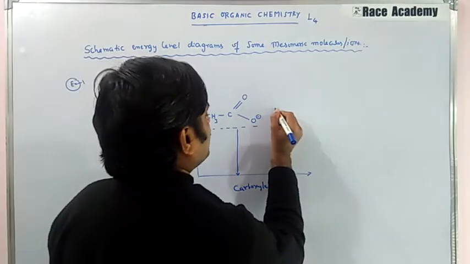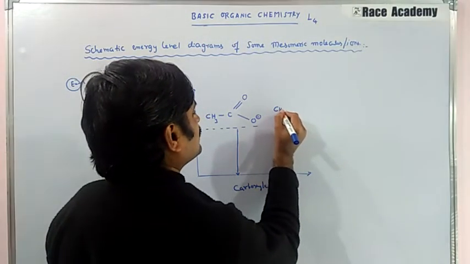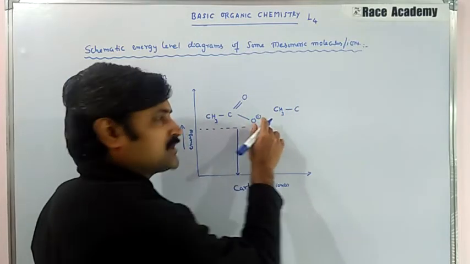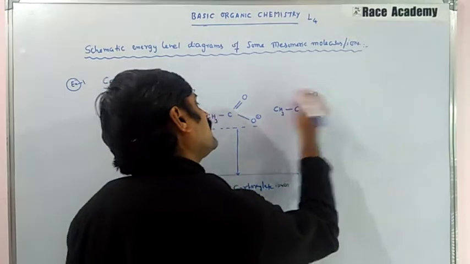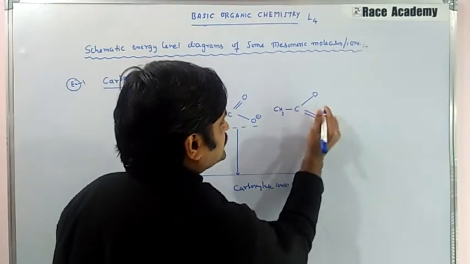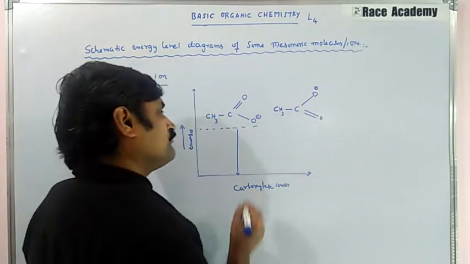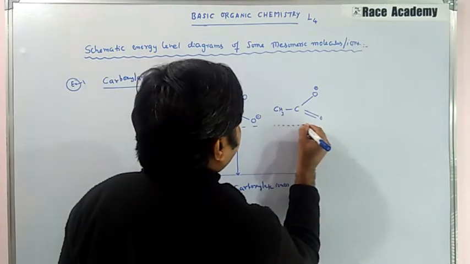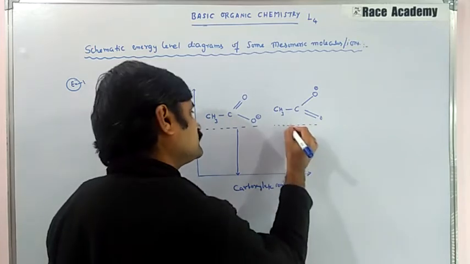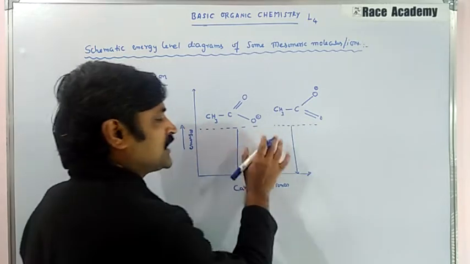Similarly, they have observed the energy level of the next resonant structure, after shifting, you know what will come. Like this one came. For this also they have identified the same energy value. Both are the same.